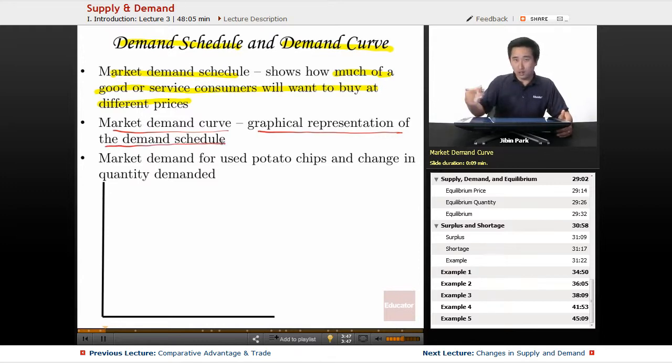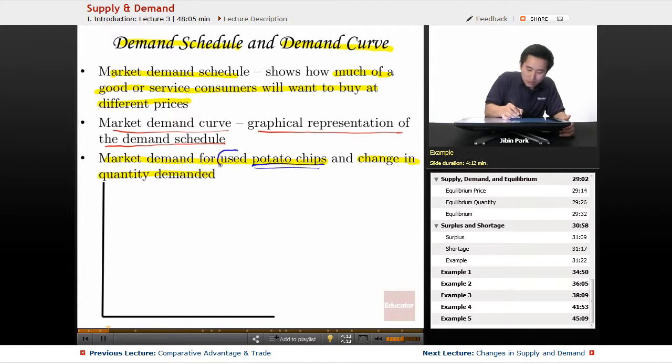What we're going to do here, with a very simple example, is look at the market demand for used potato chips and a change in quantity demanded. I actually intended to say regular potato chips here, but let's go with used potato chips.